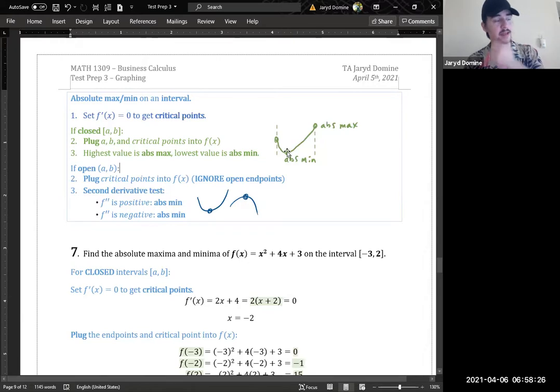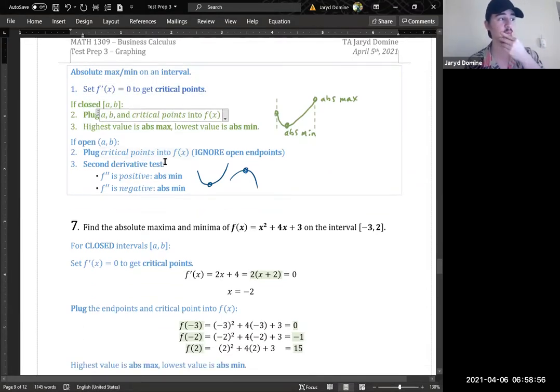So at the endpoints and at this critical point, the absolute max and min are going to occur either at the endpoints or at this critical point. Okay, so you need to test just those 3 points. That means just plug into them and see what values you get. Right? The highest value is going to be the maximum, and the lowest value is going to be the minimum. All right, so that's if you have closed. If you have closed, you test A, B, so the endpoints and the critical points.